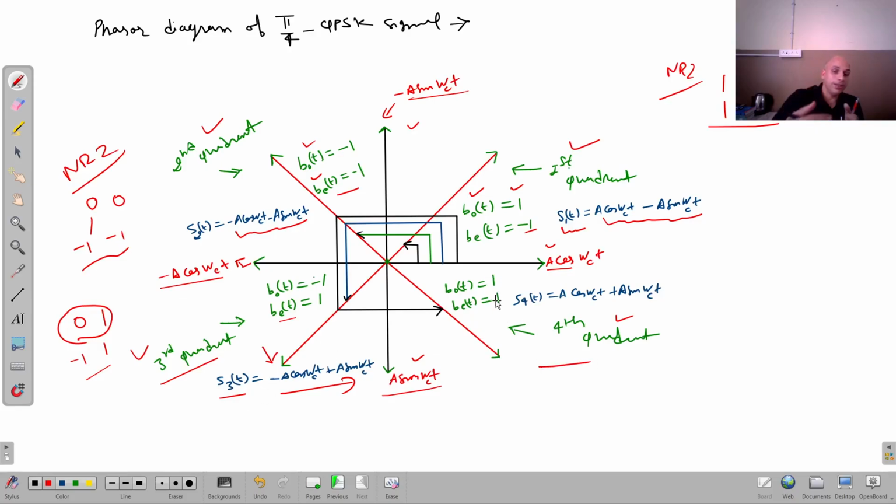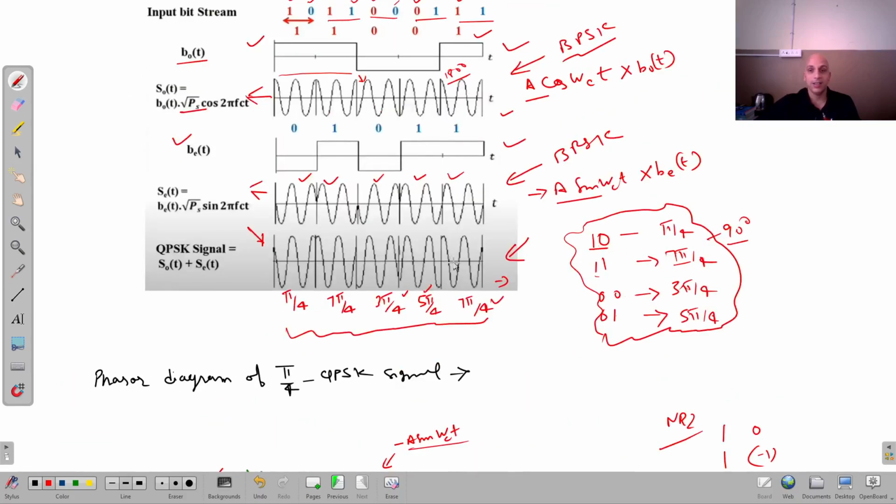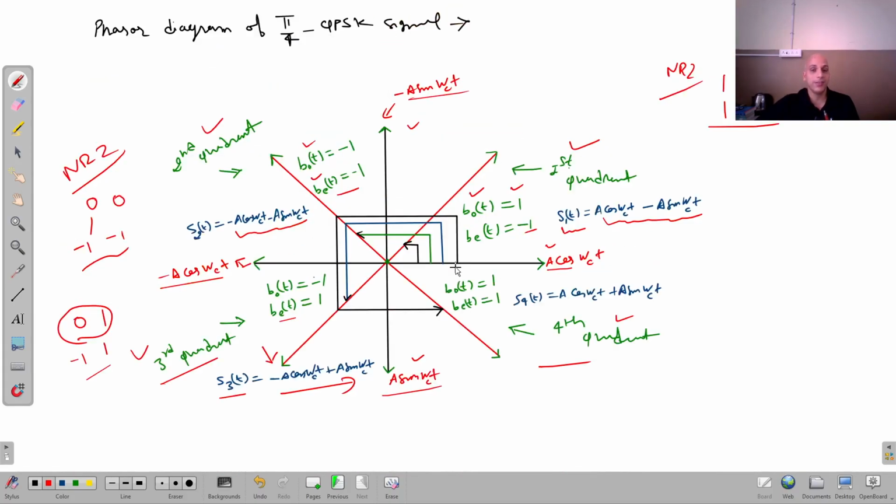So now you can recall this table, this discussion of the phase angle difference between the adjacent symbols. As we go from 1 0 to the next one, 0 0, the difference is pi by 4. For 1 0 the phase angle is pi by 4.